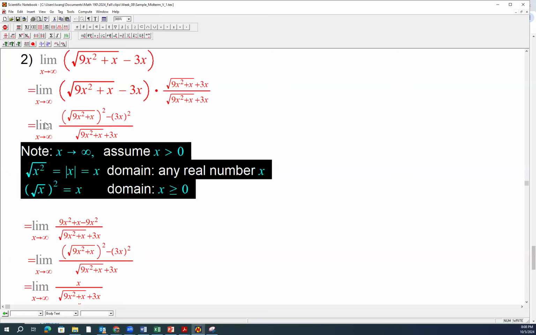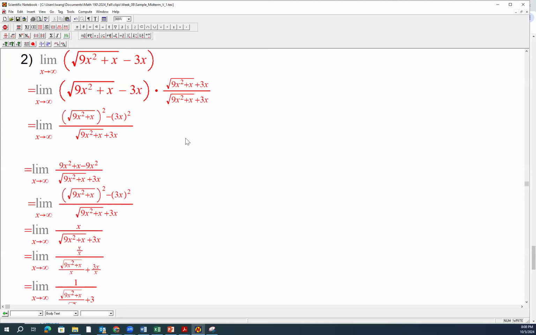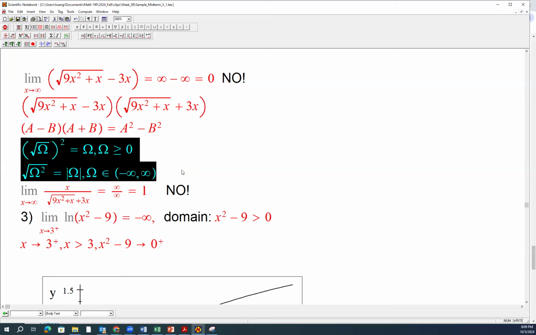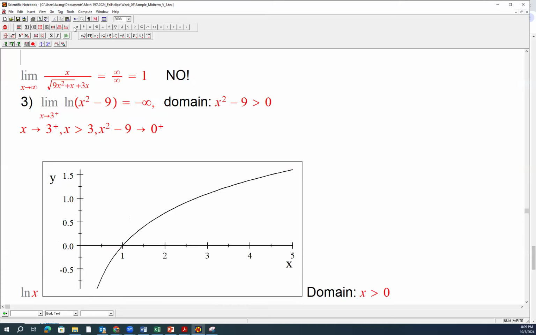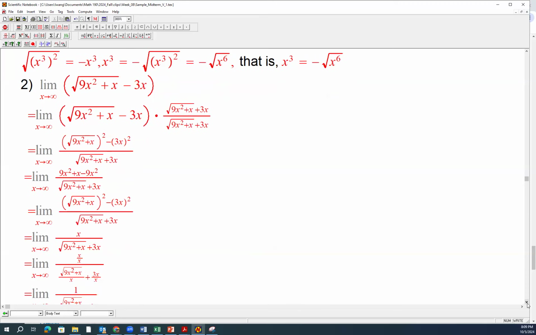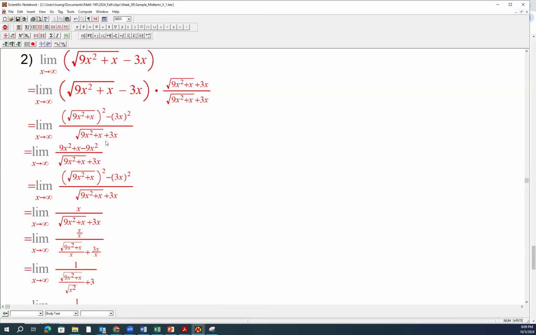All right. After we got this conjugate, a squared minus b squared, the next step, I bring it back to here. You understand all these reasons, right? We did a conjugate, a minus b times a plus b, we get a squared minus b squared.